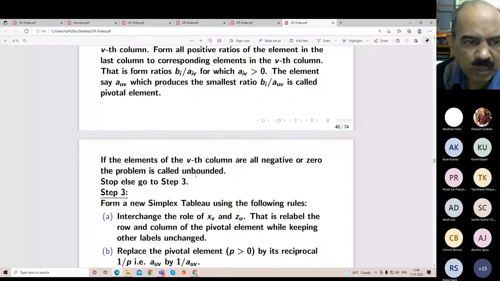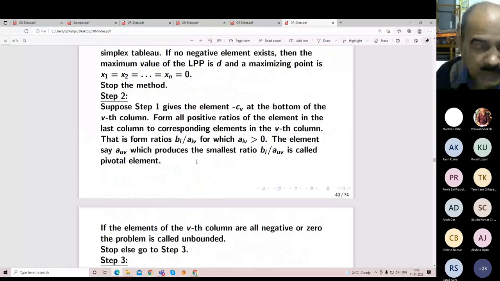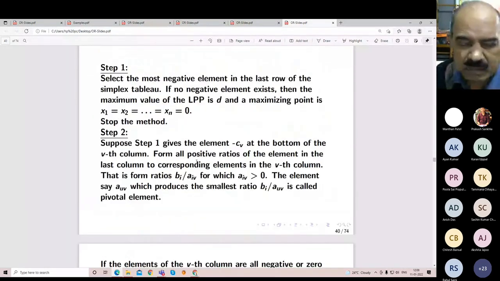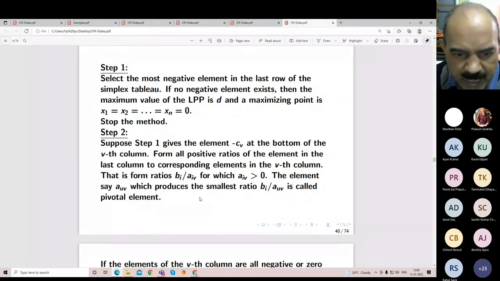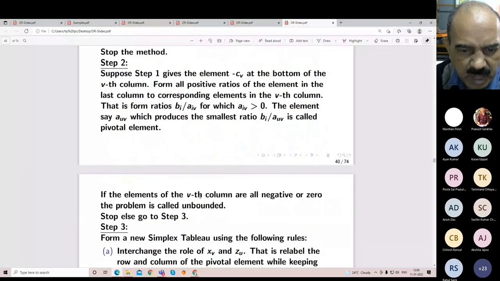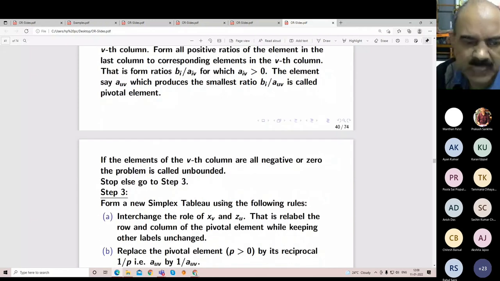See, when you will stop: if you find there is no negative element in the last row of the simplex table, then we stop. And if you cannot proceed, because with respect to the bth column all the elements are negative or 0, the problem is unbounded, we declare, then we stop. If not, we move to step 3.